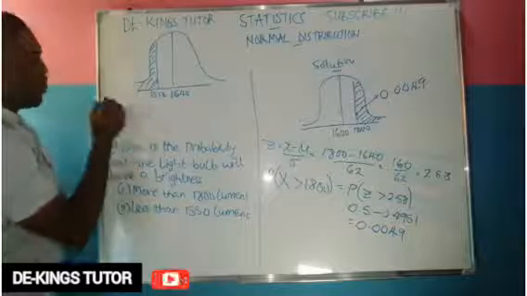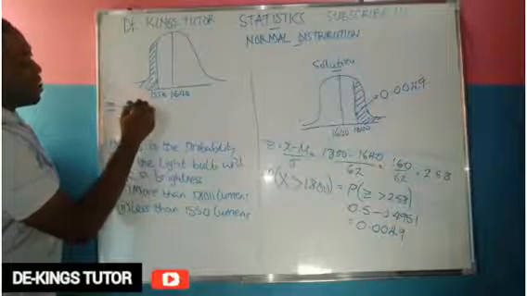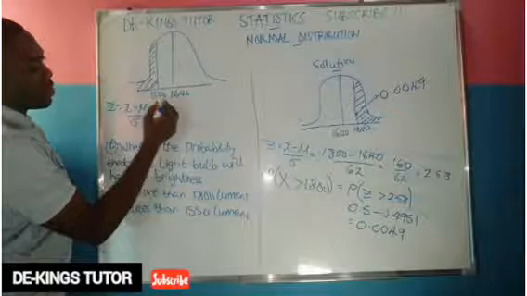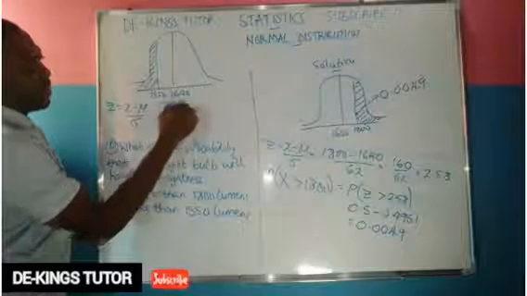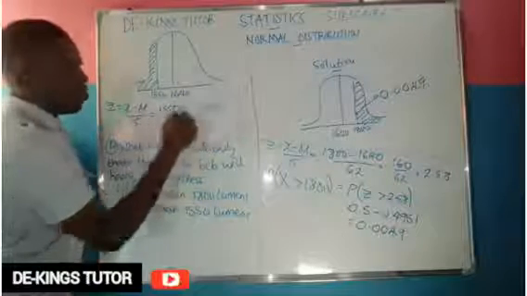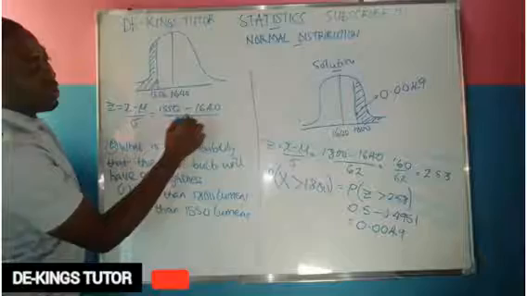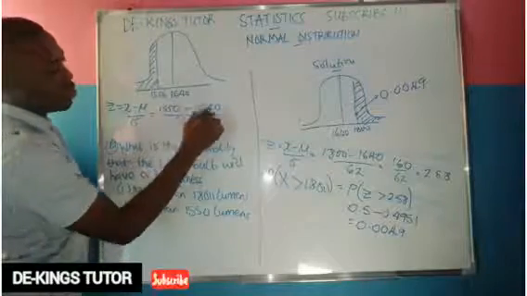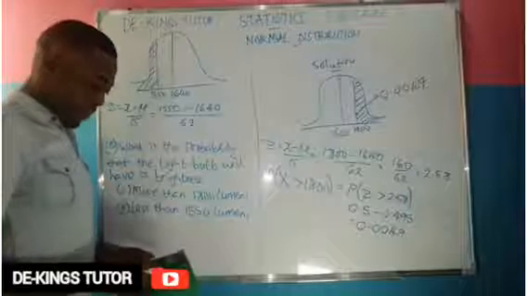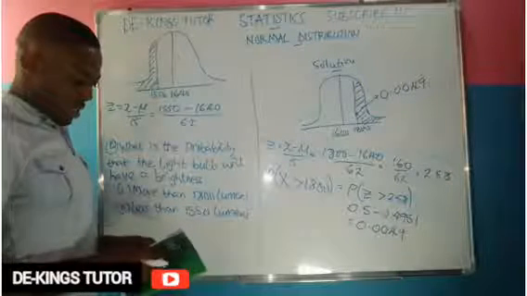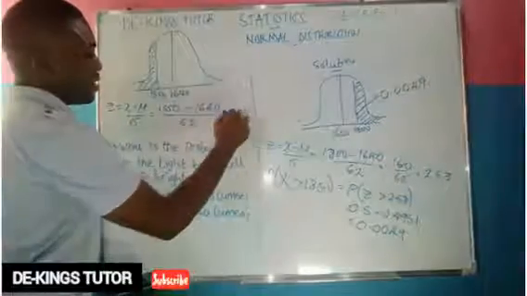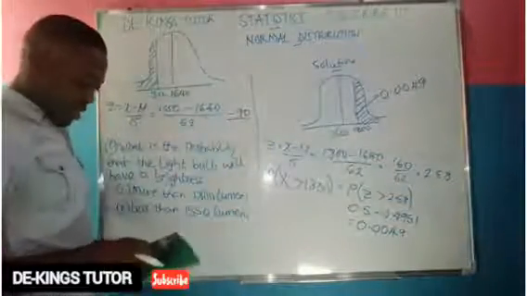So let's solve. We have our x minus mu over standard deviation. Remember, our x is 1,550 minus our mu, 1,640, over our standard deviation, 62. So if we do the calculator, 1,550 minus 1,640, we'll have minus 90 over 62.